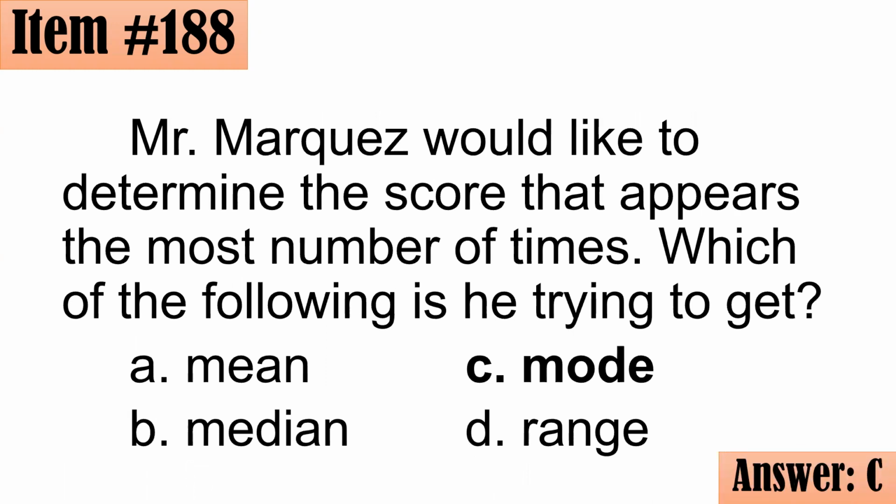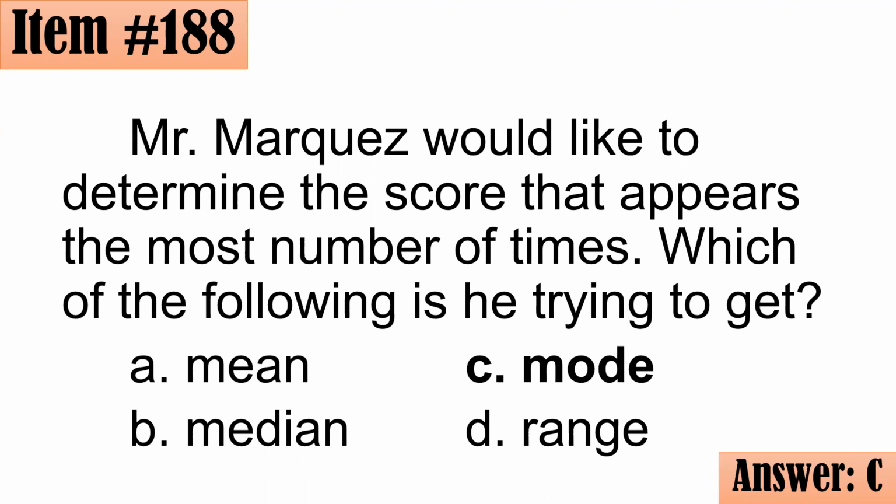Because take note, no? If you have data, be it quantitative or qualitative, if you are after only of that score, or say datum that appears the most number of times, then you are only after of the mode. Letter C. I believe you are familiar with the mean, no? It's the arithmetic average. So you add everything and divide by the total number of scores.